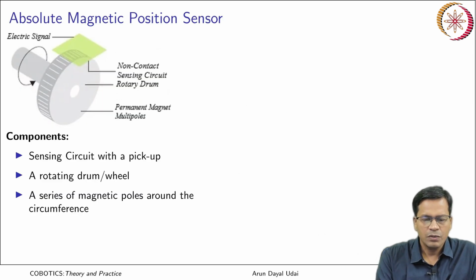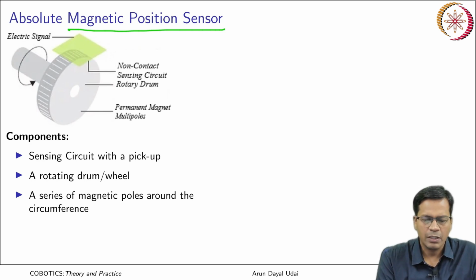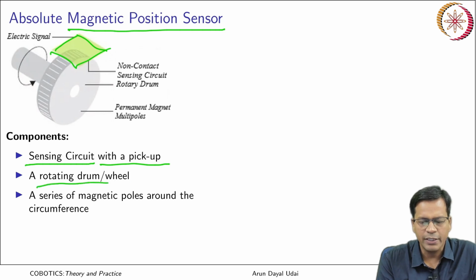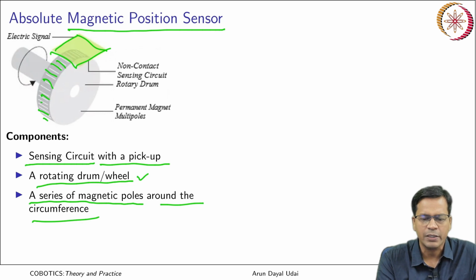Now, the magnetic position sensor. This again is a contactless sensor. The components are a sensing circuit with a pickup, which is shown here, and a rotating drum with a series of magnetic poles around the circumference. These are the magnetic poles which are marked here.